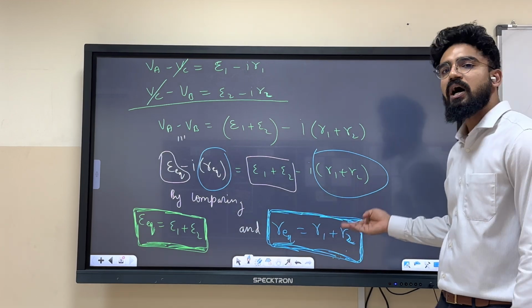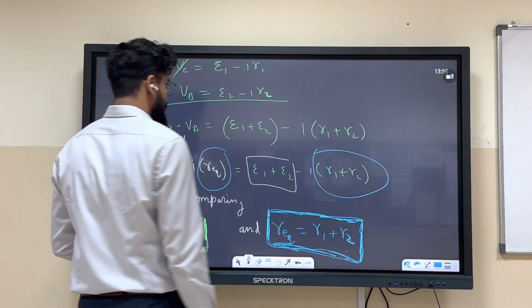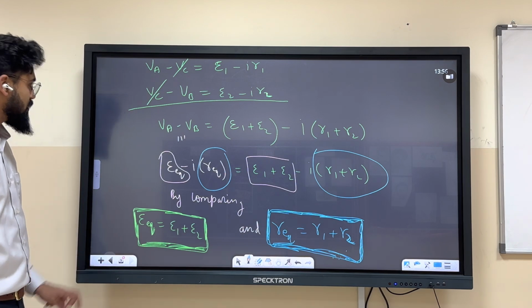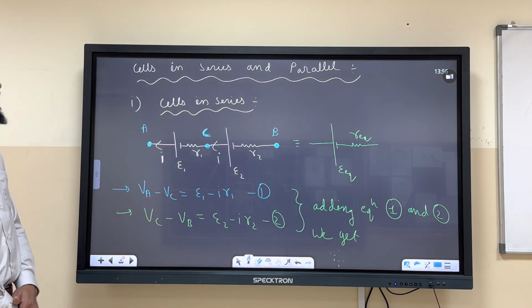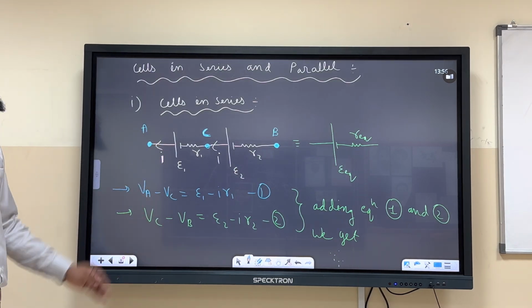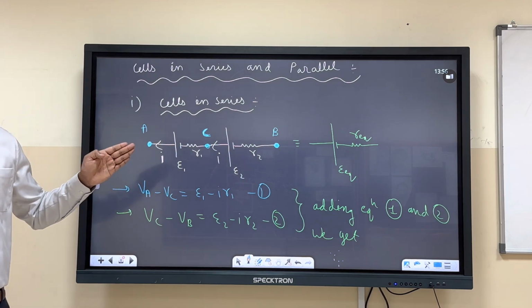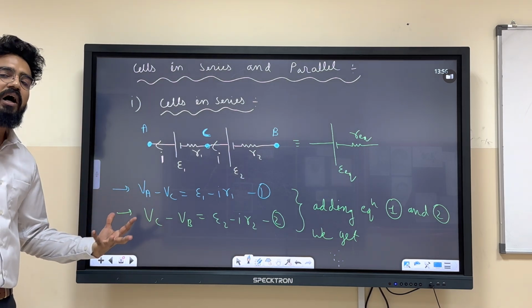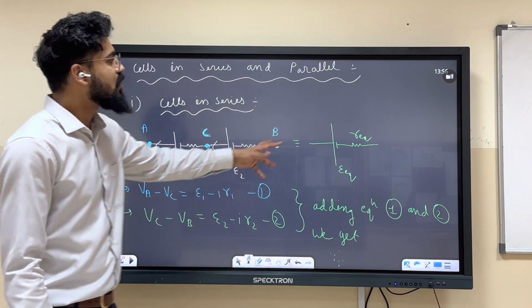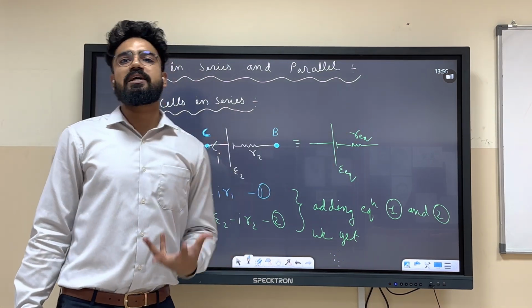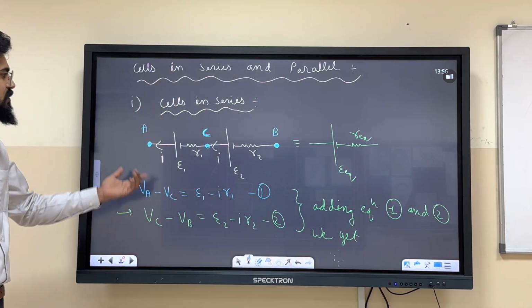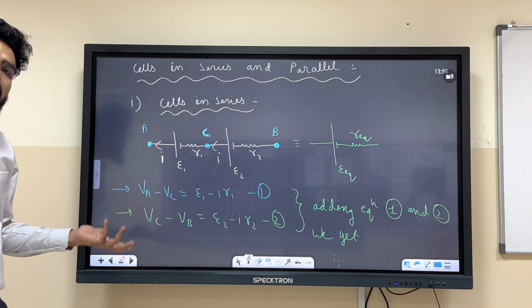R equivalent will be R1 plus R2 plus R3 and so on. Please look over here. Look at the entire thing. There were 2 cells like this. We want the net EMF output due to the cells, and we want the net internal resistance.